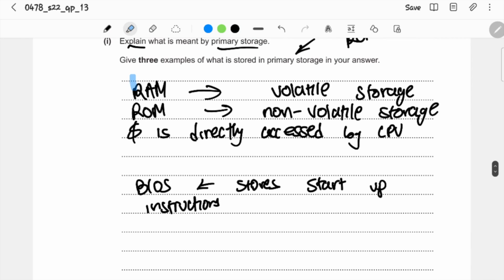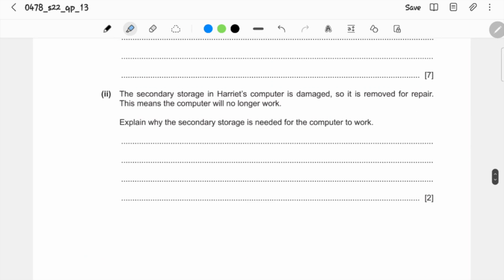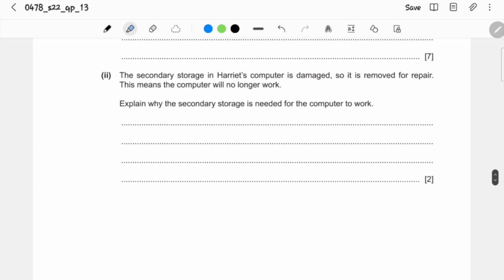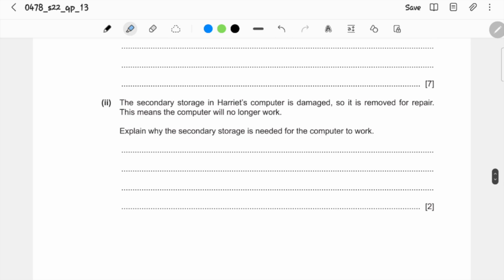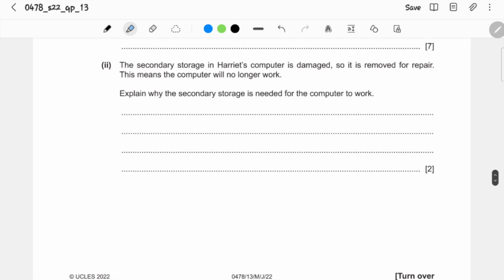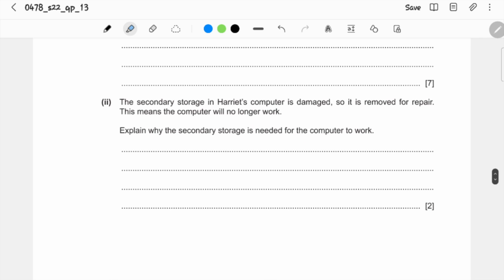The 3 examples I've given are RAM, ROM, and BIOS. Those are all primary storage. I think those are the only 3 that are in our syllabus. Correct me if I'm wrong. There might be some other ones, but those are the 3 that I know of that are in our syllabus.